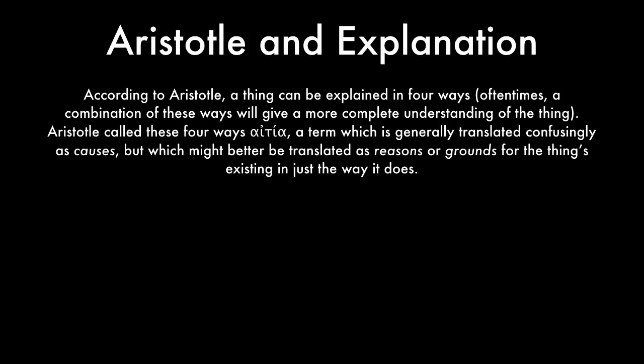I'll continue to use the word causes here as that's the standard terminology, but be careful not to confuse Aristotle's 4 causes with the way we use the term cause today. As you'll see, only one of Aristotle's 4 causes bears a resemblance to the way we use the word cause today.